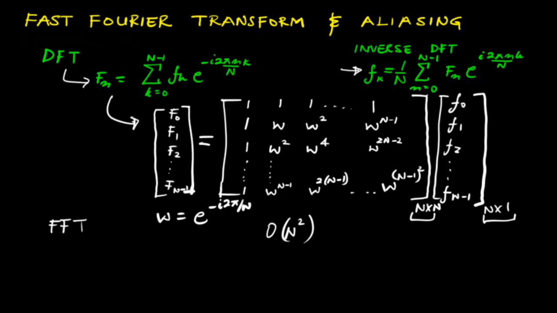This matrix multiplication involves a lot of redundant calculations, and FFT avoids that, and it allows you to compute the same DFT in a lesser number of operations. In fact, FFT requires only order n log n operations, where log has a base of 2. This is in contrast to order n squared operations.